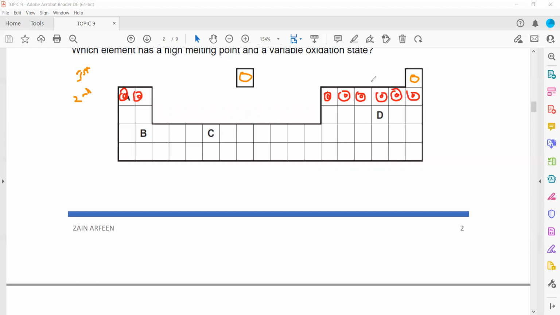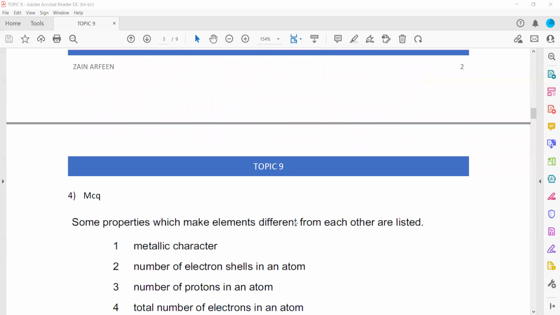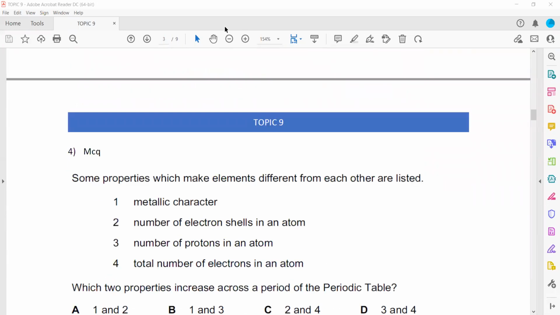So when I move from left to right across the period, what will happen to the number of shells? It remains the same. It does not change because the period number represents the number of shells. And as we say, elements belonging to the same period will have the same number of shells. So across the period, the shell does not change.